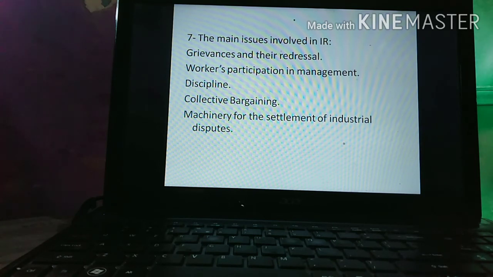If all the employees follow the rules and regulations, the code of conduct, then there is no dispute between the employer and the employees. Next is collective bargaining.